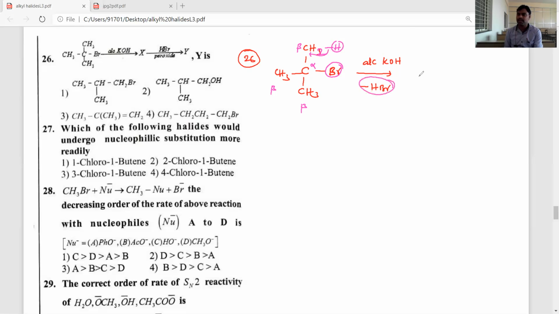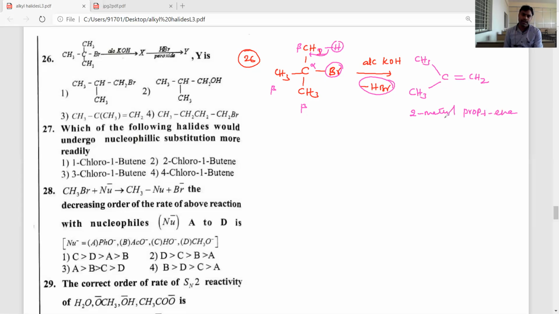It is also called beta elimination. The product is C double bond CH2 with CH3 and CH3. Its IUPAC name is 2-methylpropene.